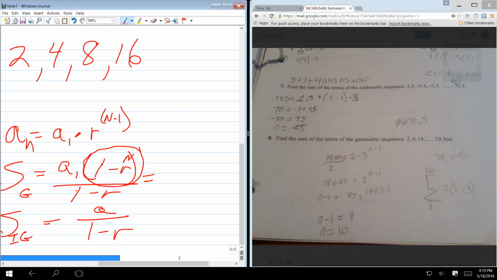So plug everything in. What's a sub 1? For the number 8. A sub 1 is 2, times 1 minus r, which is 3 to the n power, which we don't know yet, but we're going to have to solve for that, just like we did on the other one, all over 1 minus 3.